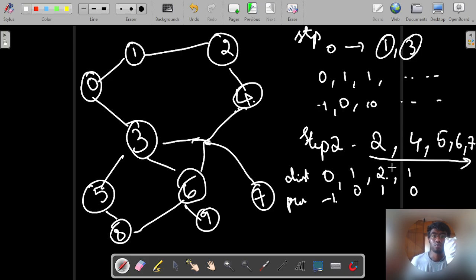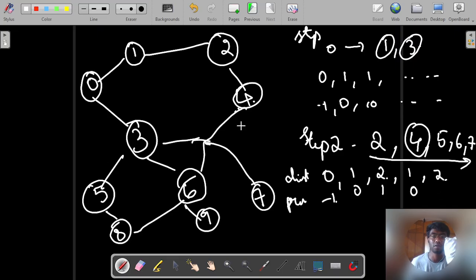So this is how it would look: 0, 1, 2, 3, 1, 2, 3. Coming to the fourth one, it is introduced from 3, so it will take up a value of 2. Since 3 is connected to 4, that's the path that pushed 4 in.